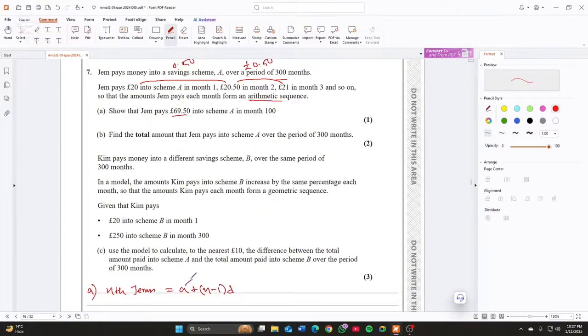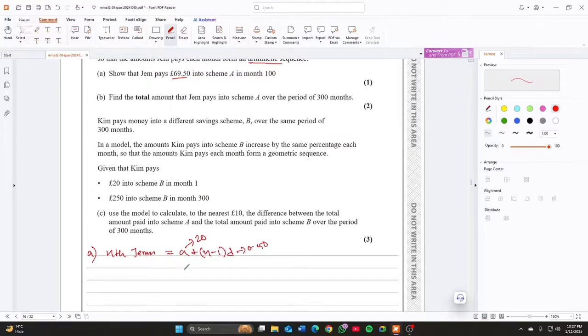Now what is a? A is the initial value, which here is 20, and d is the difference between each term, so that is 0.50. If we put in the values, a is 20 plus n was 100, so it will be 99 times 0.50, and if we calculate this, it will give us the value 69.5. That was what we were supposed to show, so shown.